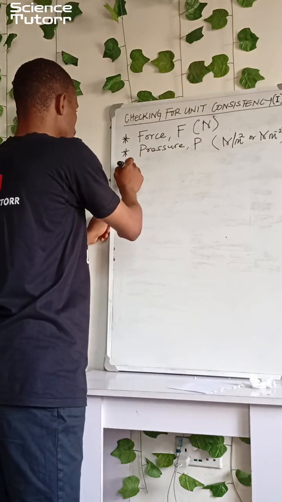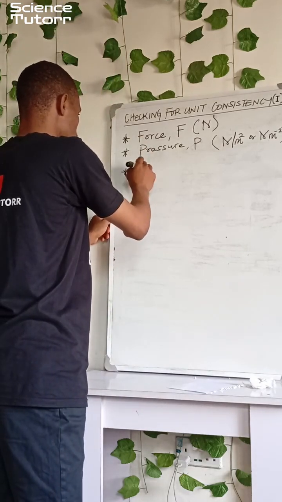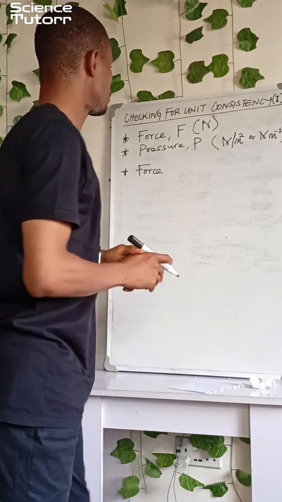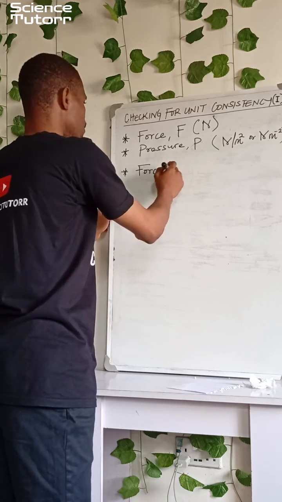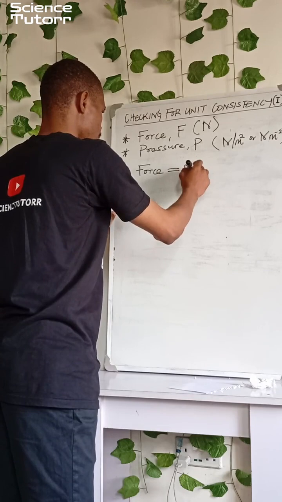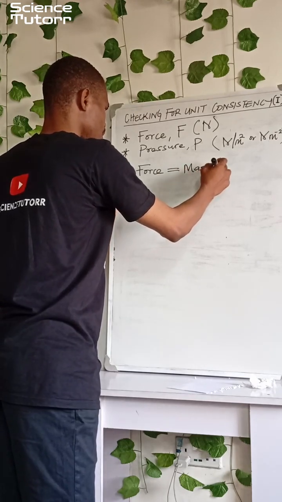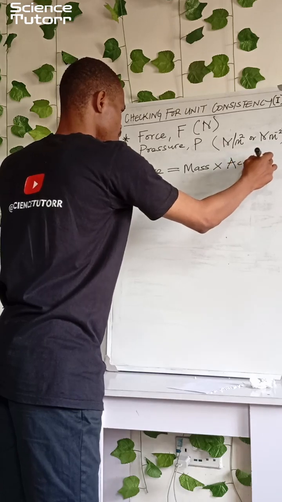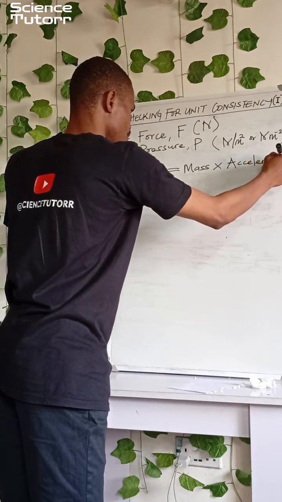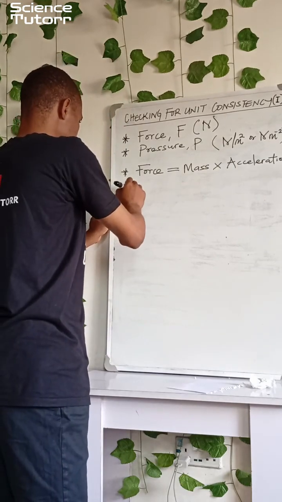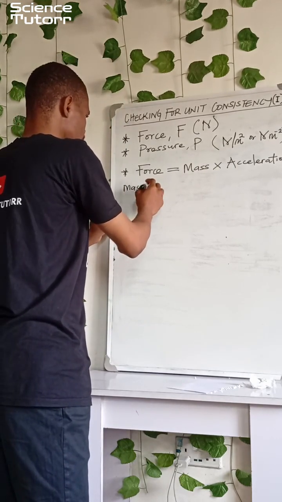Now, let's pick force first. Force is a derived quantity having the formula mass times acceleration. Let's pick the first one, the mass.